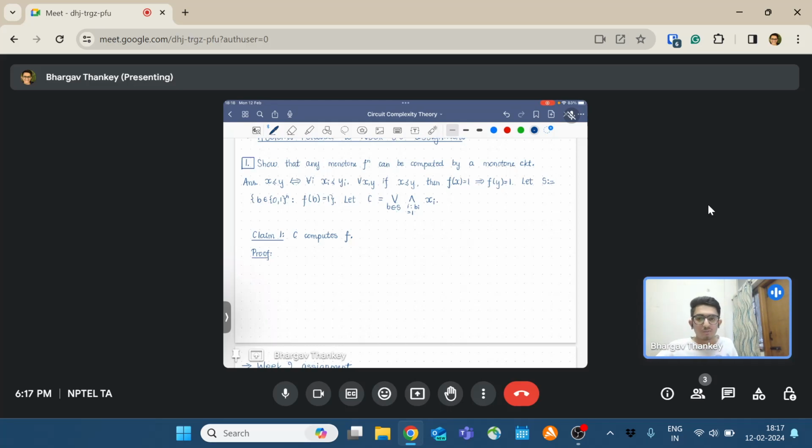Okay. So what does it mean to say that C computes f? It just means that for every y, C of y is the same as f of y, right? So we need to show that for every y, C of y is f of y. So there are two cases, right?